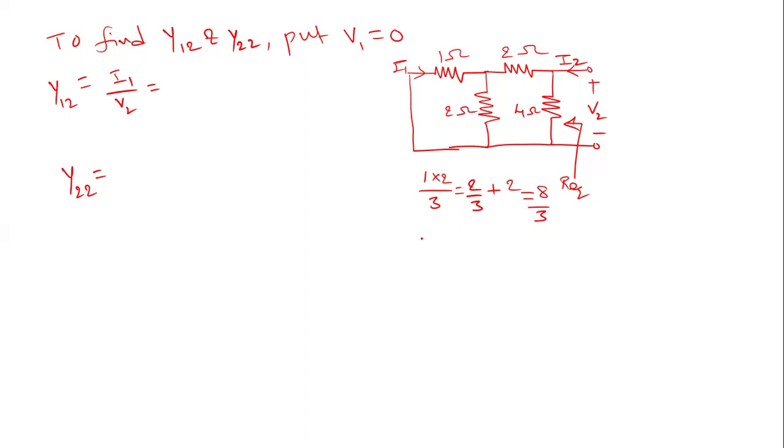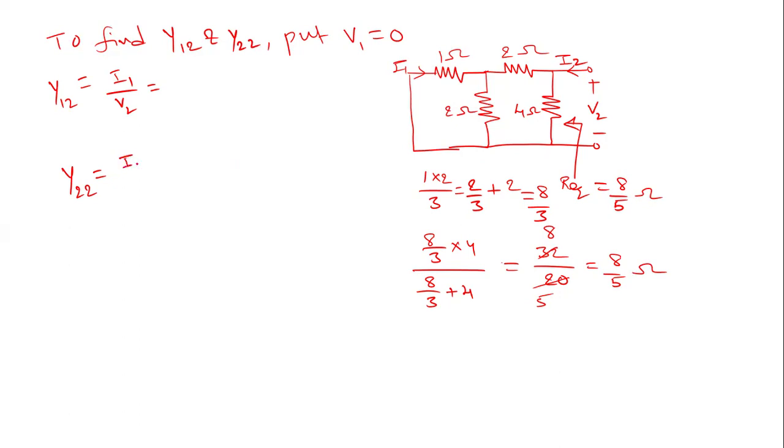This 8 by 3 is in parallel with the 4 ohm resistor: 8 by 3 into 4 divided by 8 by 3 plus 4, which is 32 by 20, that is 8 by 5. So 8 by 5 ohms is the R equivalent.